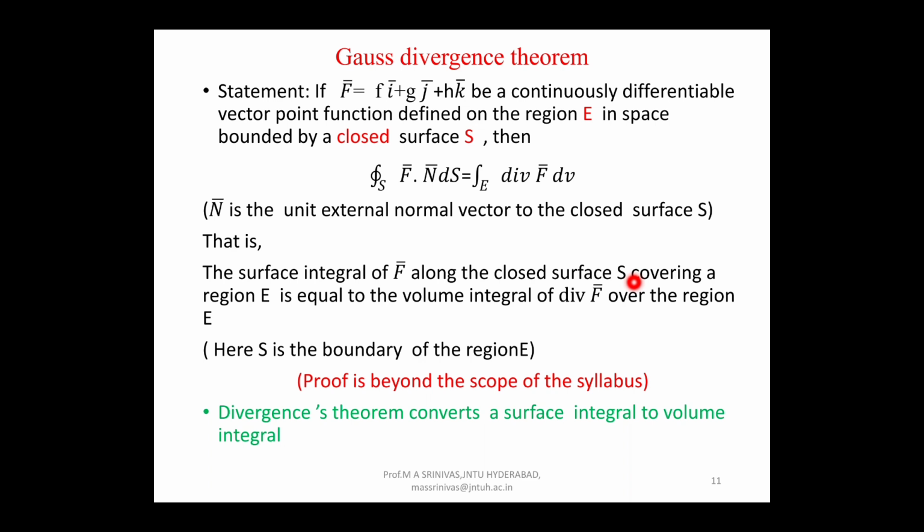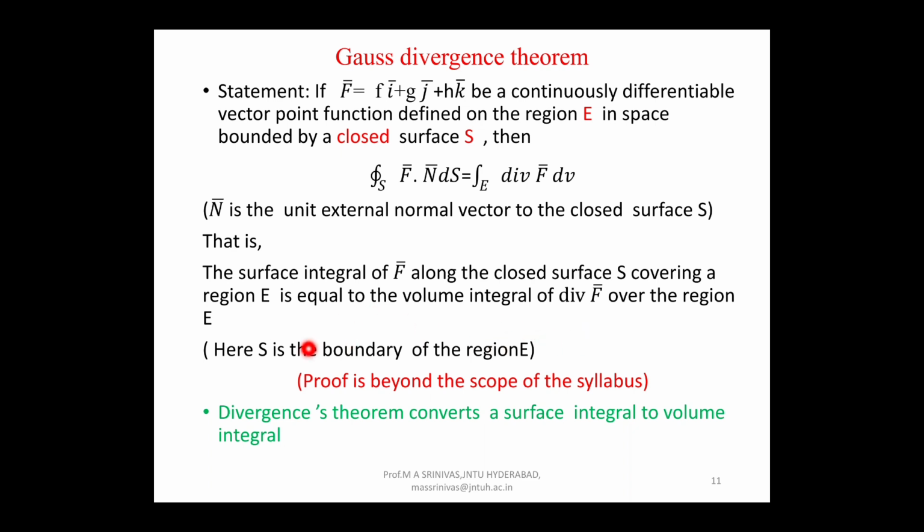What the surface does, it covers a region E. That surface integral is equal to the volume integral of the divergence of f bar, evaluated over the region E. What is that region E?